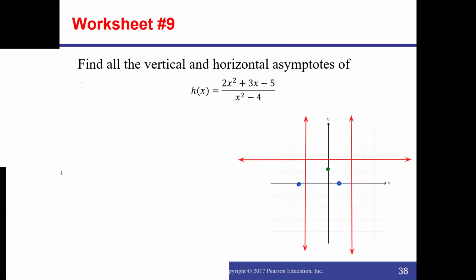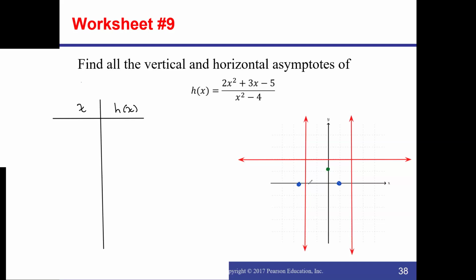So let's make our chart quickly. X, h of x. Looking right here, we already got an intercept. Let's look for another point.